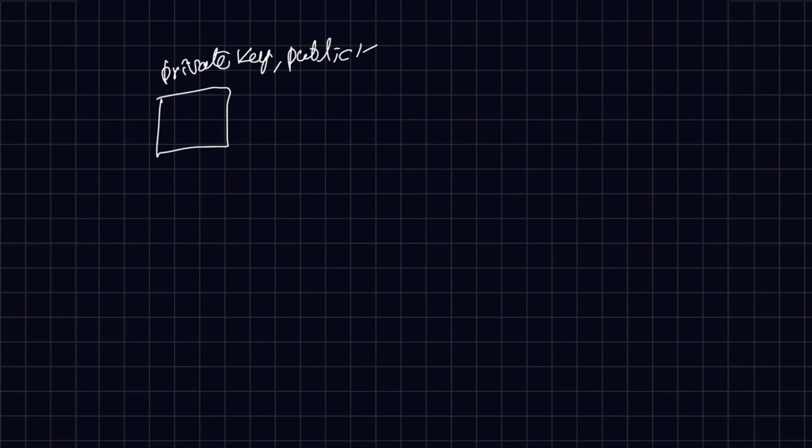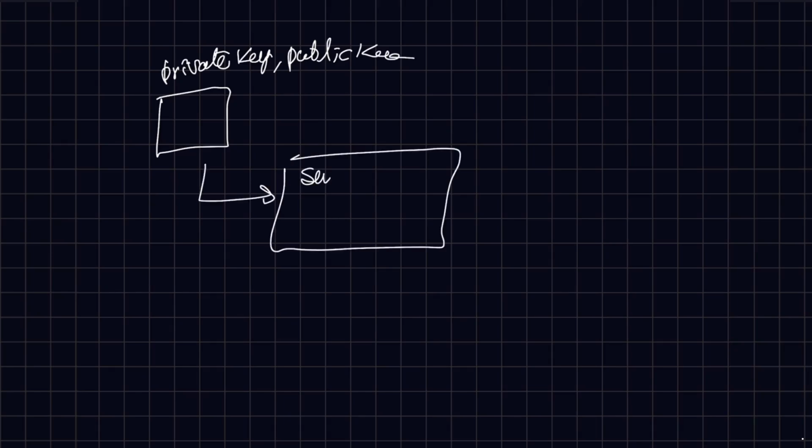So how do transactions happen on the blockchain? If I have my wallet, which has a private key and a public key, I create a, let's say, plain text message, something like send $100 to Harkirat, and I sign this message. What does signing this message mean?